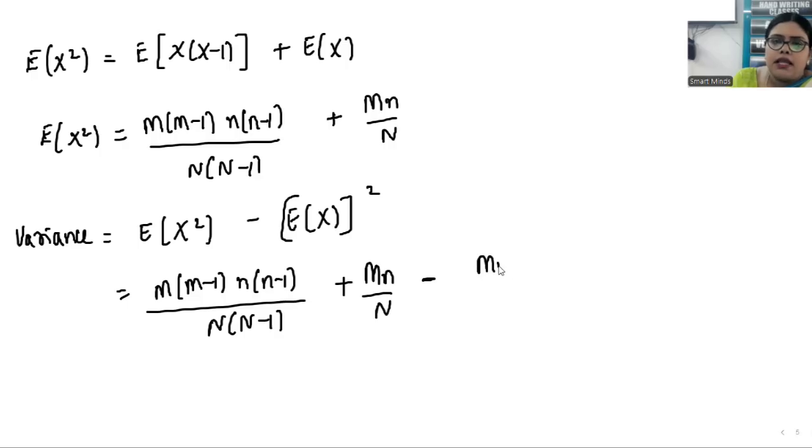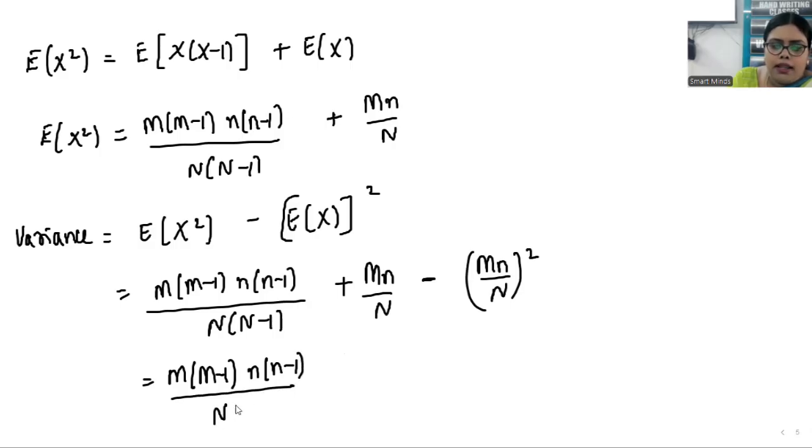E of x is mn by N whole square. So that is equal to m into m minus 1, n into n minus 1 by N into N minus 1 plus mn by N minus m square n square by N square.